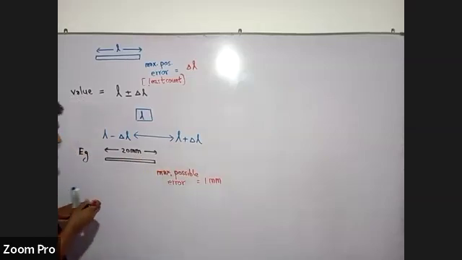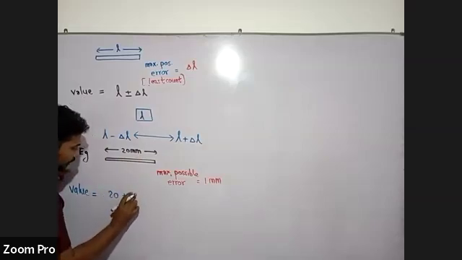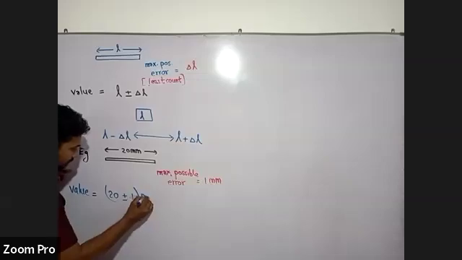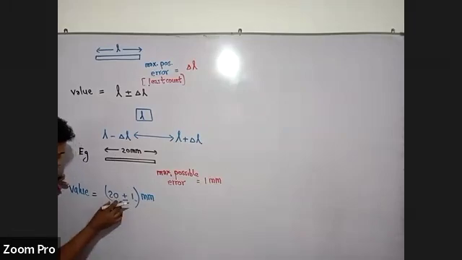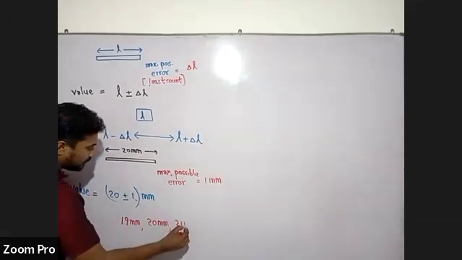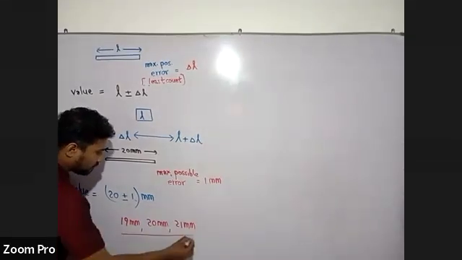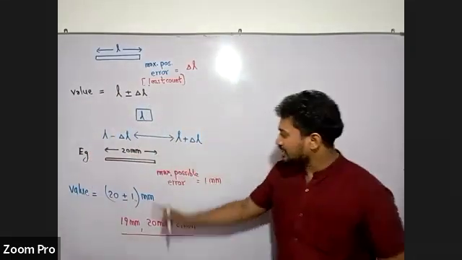So this length can be expressed by considering error as 20 plus or minus 1 millimeter. So that means, guys, this value can be 20 minus 1, that means 19 millimeters, or it can be 20 millimeters, or 20 plus 1, that means 21 millimeters. So out of these three values, this length can be obtained. Right? So this is the meaning of this expression.